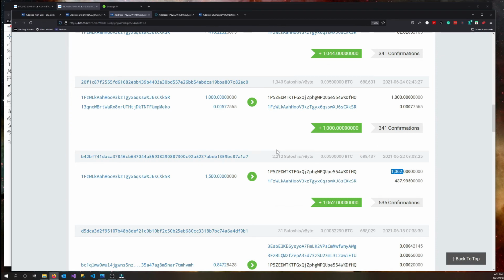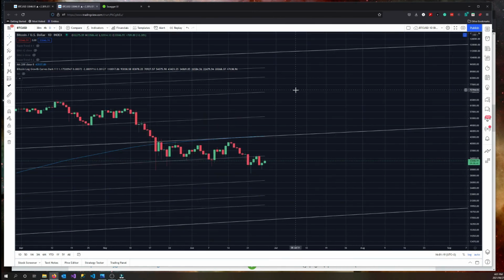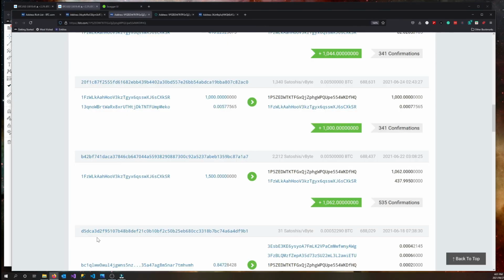That's a massive amount of Bitcoins that they are picking up while the price is absolutely coming down. So when was the 24th? If we go to this particular daily chart, the 24th was here. So they bought around this particular level of $34,500.